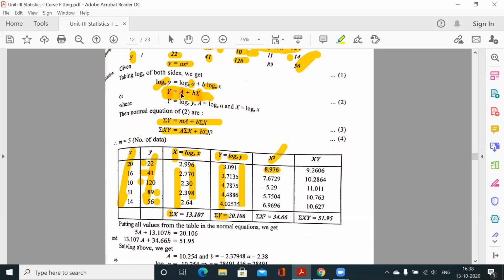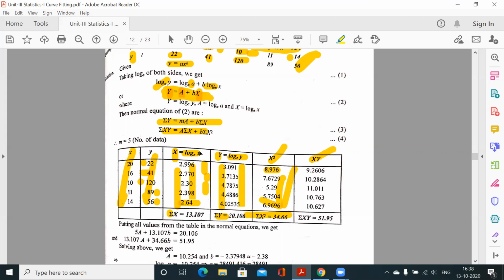So capital Y is dependent, capital X is independent. So we have to multiply capital X to get the second normal equation. So in this case, we need capital X. So capital X square, all squares, 2.99 square, 2.77 square, square of 2.3, square of 2.9, 2.398, square of 2.64, these squares. So summation x square.